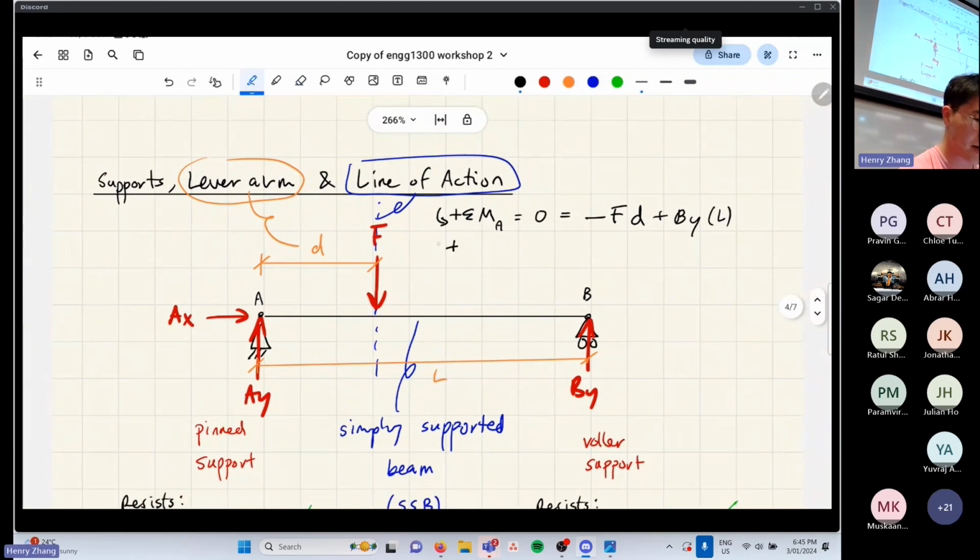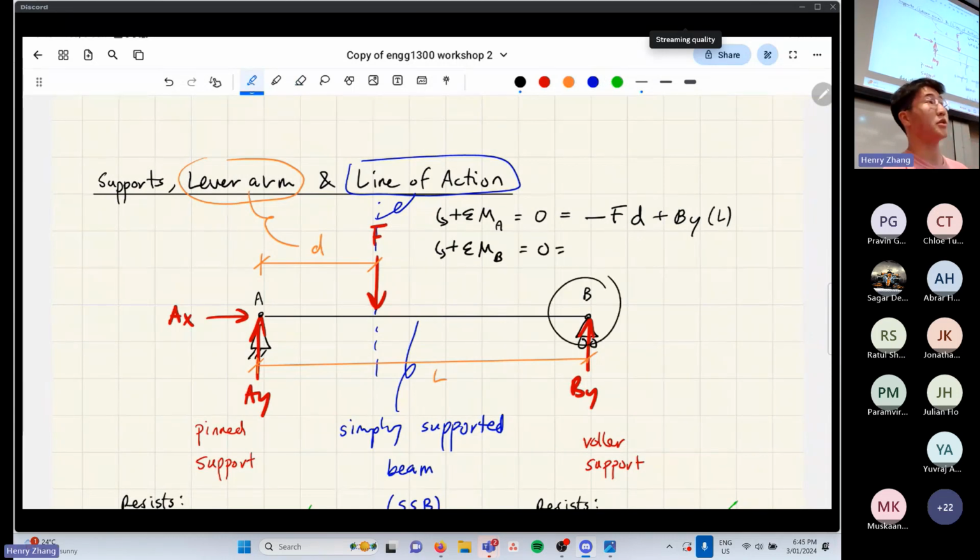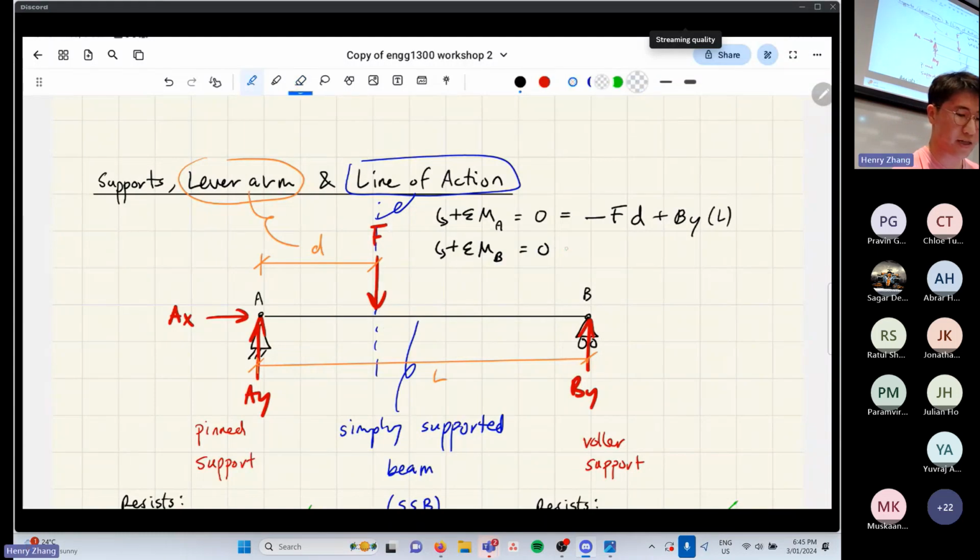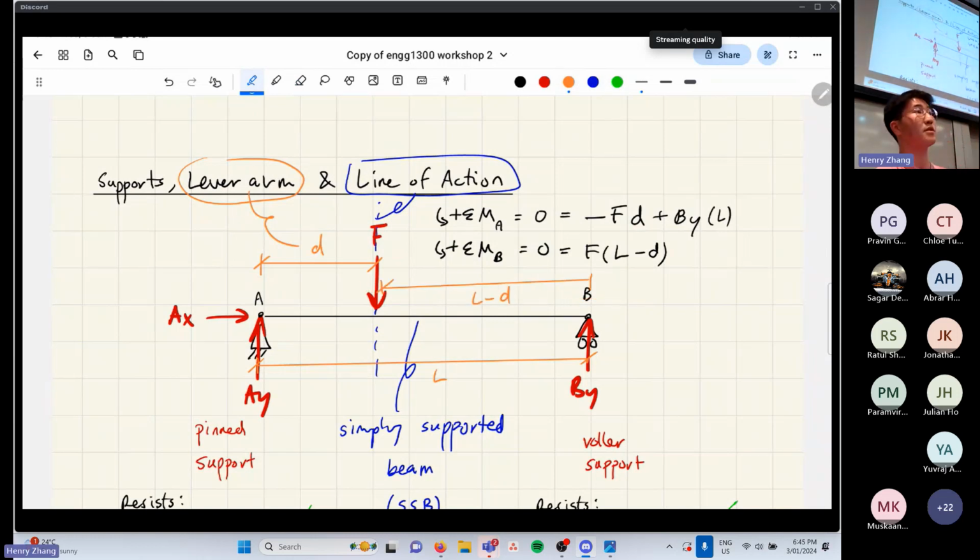If we took the moments about B instead, right? So now we're looking at this point here. If we decide to do that instead, well, I didn't prepare notes for this one, but basically, that distance there is L minus D, right?